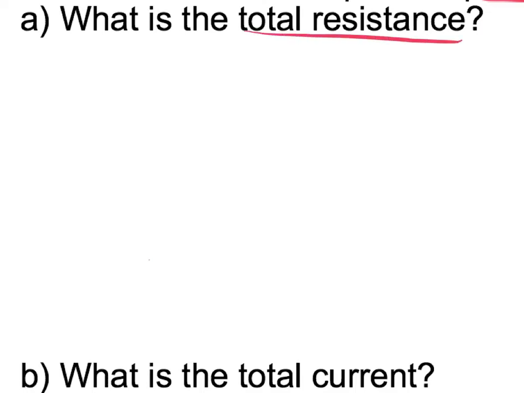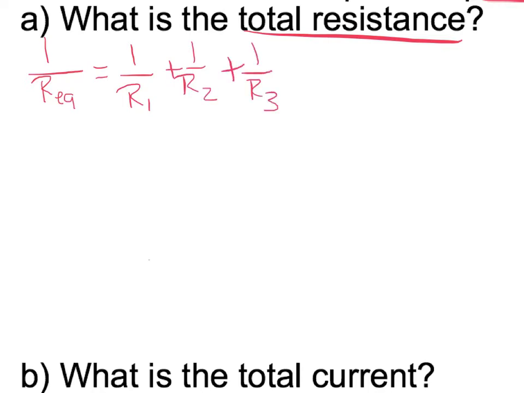We know our equation for total resistance of a parallel circuit is 1 over R equivalent equals 1 over R1 plus 1 over R2 plus 1 over R3.